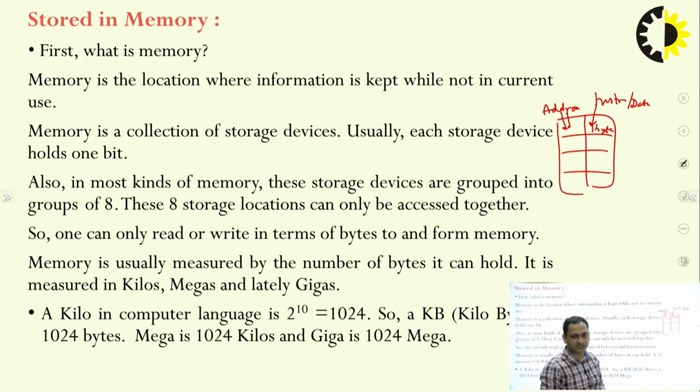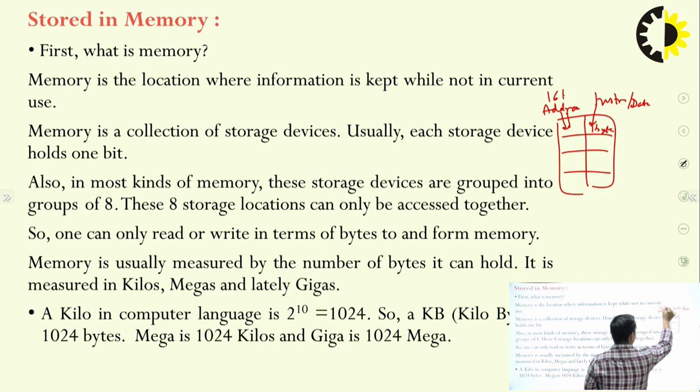The address lines depend upon which type of microprocessor we are using. If we are using the 8085 microprocessor, the address lines are 16-bit, and for instruction and data we use 1 byte of information.